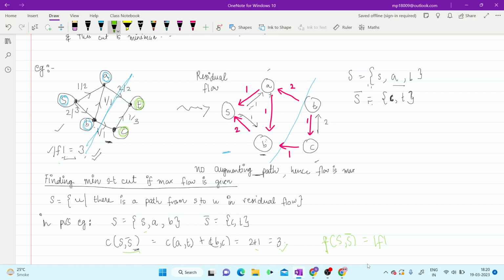Can we take a cut between S to A and S to B?